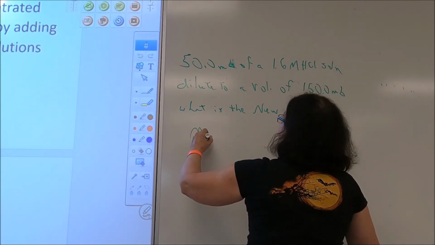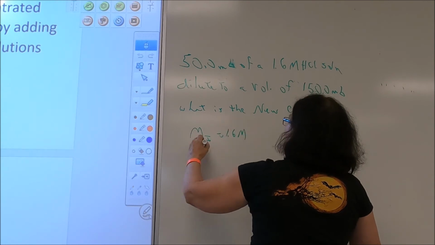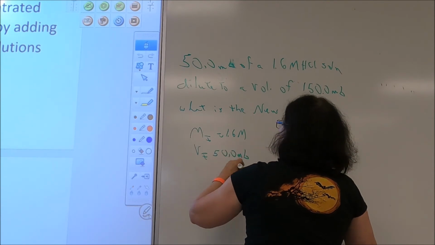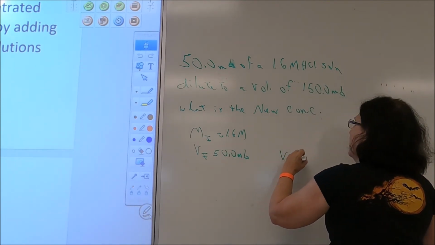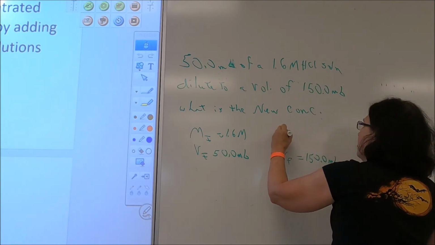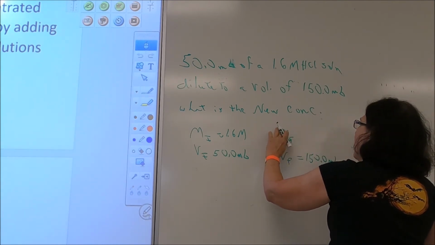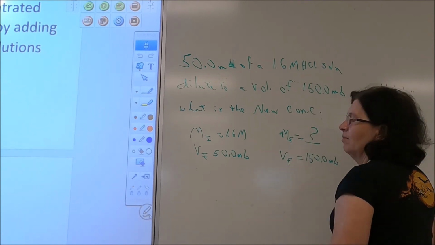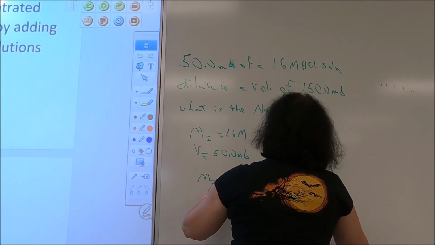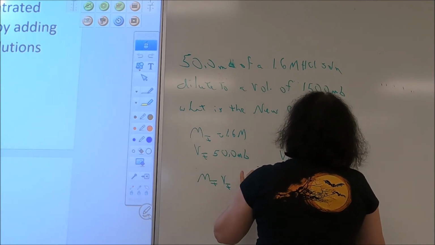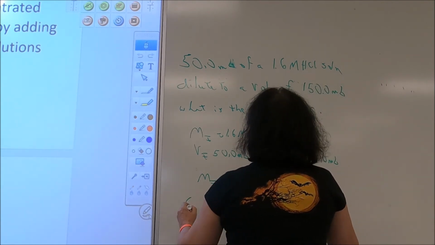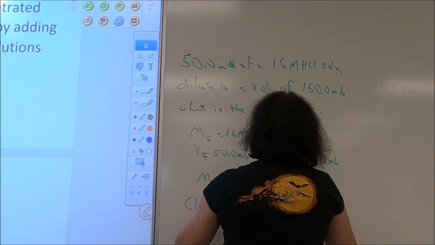Well, our molarity initially is 1.6 molar. Our volume initially is 50 milliliters. Our volume final is 150 milliliters. It's my molarity final that's in question. So we're just going to plug in. Molarity initial, volume initial has to equal molarity final, volume final. Our molarity initial is 1.6 molar.